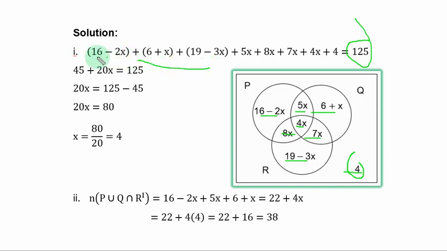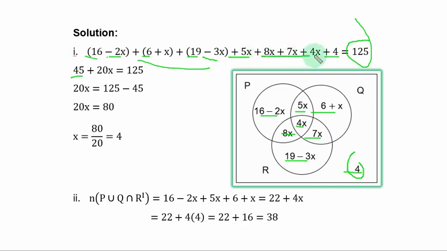Now take 16 plus 6, that is 22. 22 plus 19, you have 41, plus 4, you have 45. Minus 2s minus 3s is minus 5s. That will remove plus 5s.